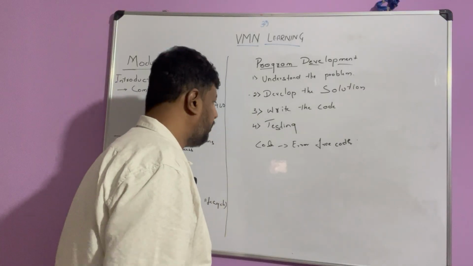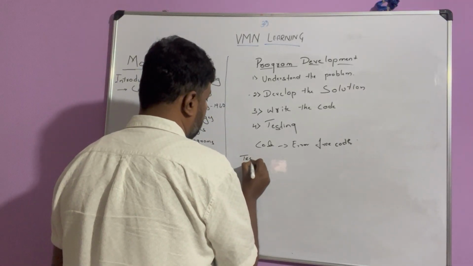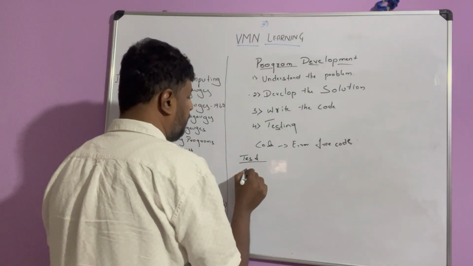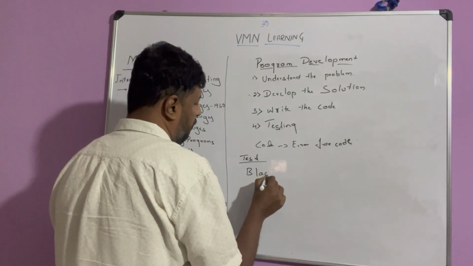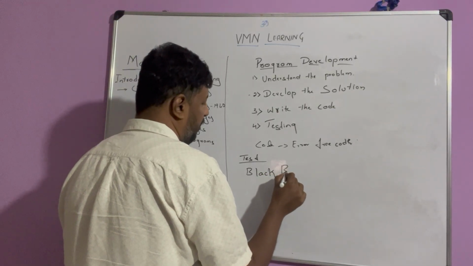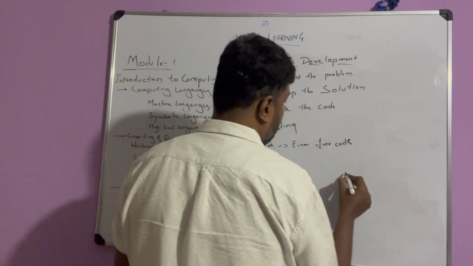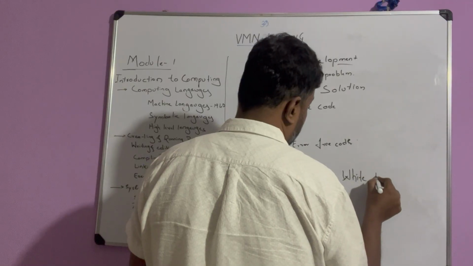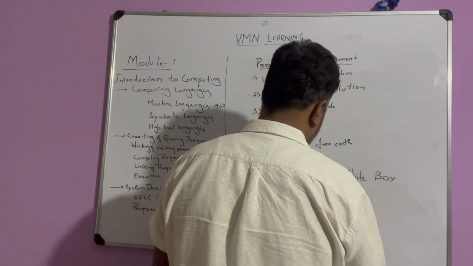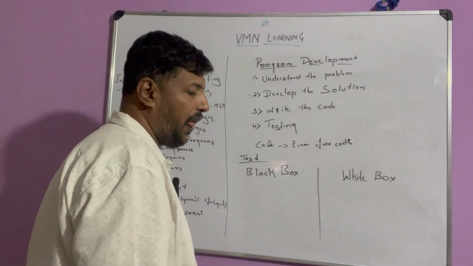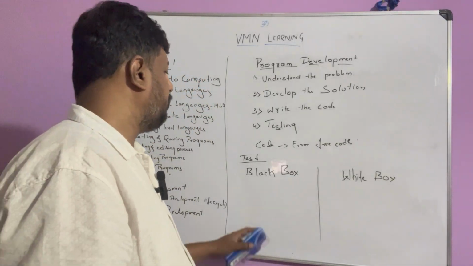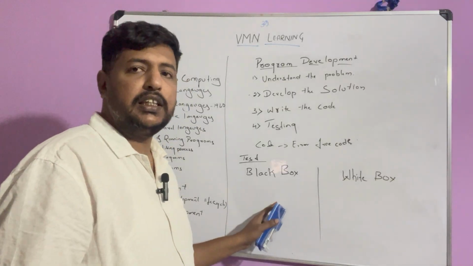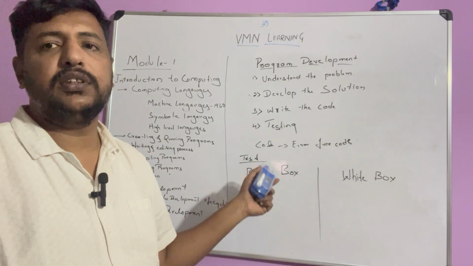Once the coding is done, we have to test it. In testing, there are two types: black box and white box. Black box is testing done by a tester who doesn't understand anything about the system.